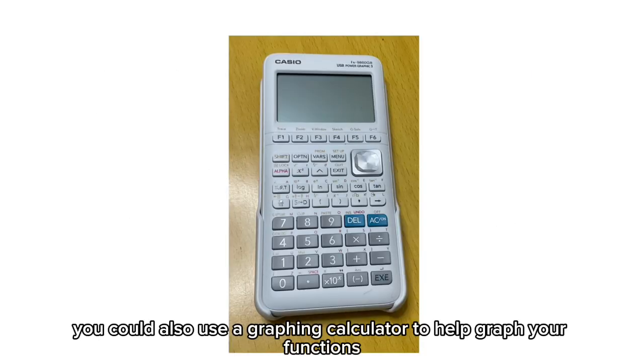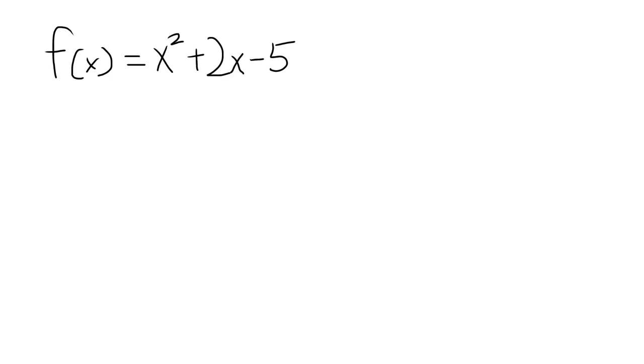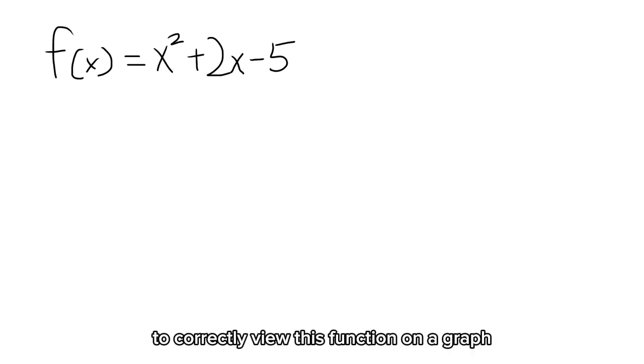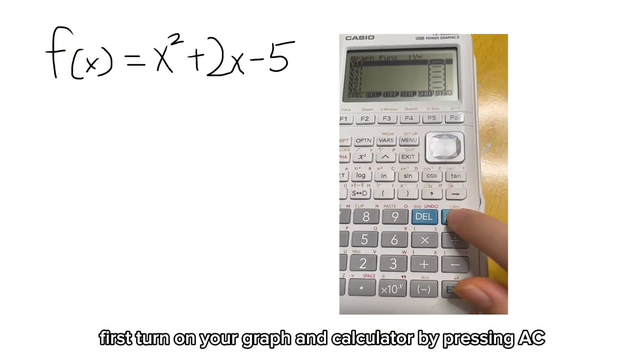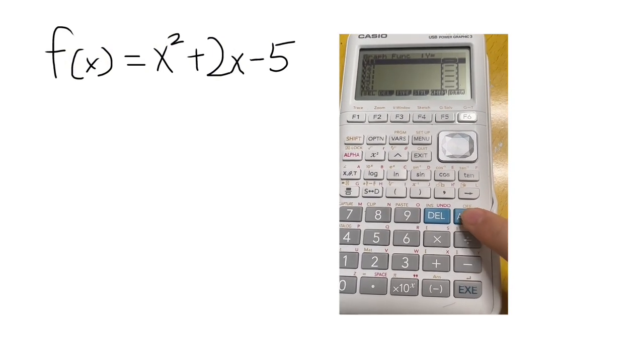You could also use the graphing calculator to help graph your functions. For example, in the question f(x) equals x squared plus 2x minus 5. To correctly view this function on a graph, first turn on your graphing calculator by pressing AC.